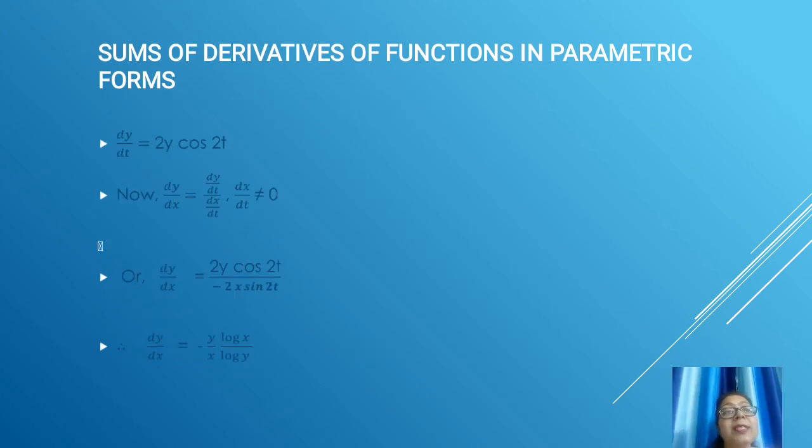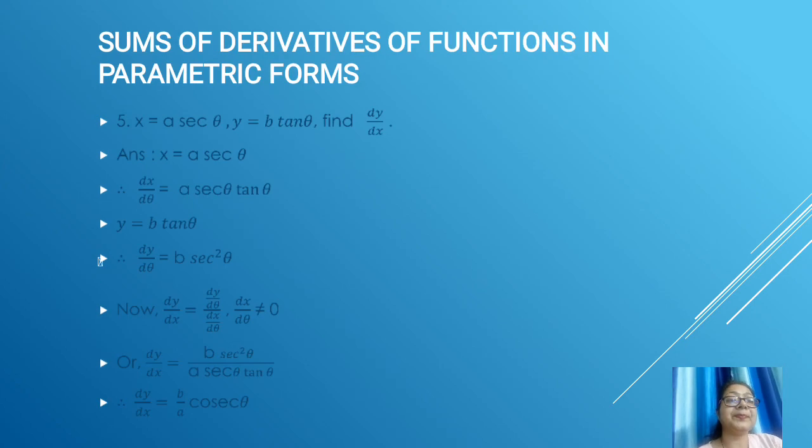The formula is dy dt by dx dt. And we have to put 2y cos twice t by 2x sin twice t, with a minus in front. And in place of cos twice t, from the previous line we can write log x, and in place of sin twice t we can write log y. So the answer is minus y log x by x log y.